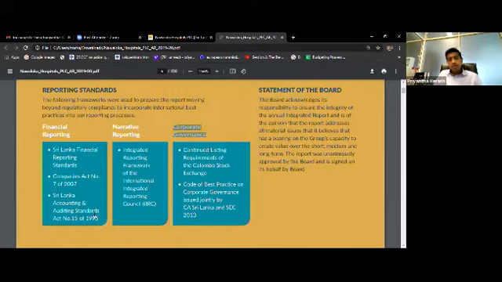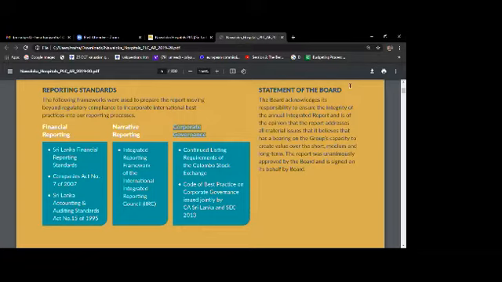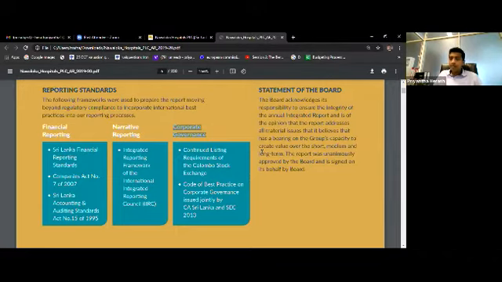I have a question. Is the Sri Lanka Accounting and Auditing Standard Act applicable to all the companies in Sri Lanka? Yes. Right. So this is an act.